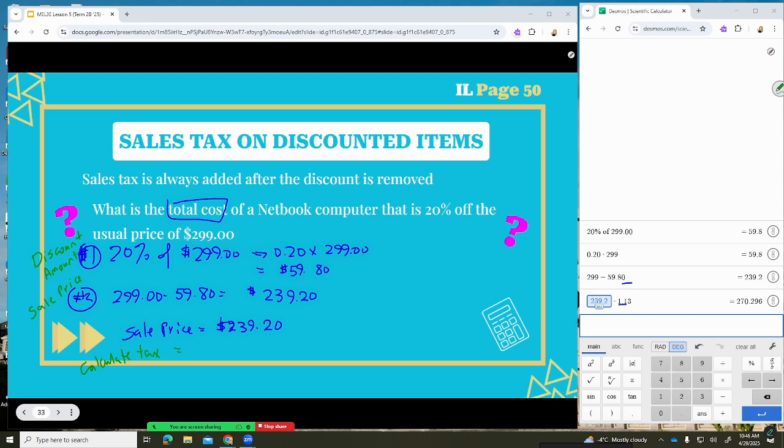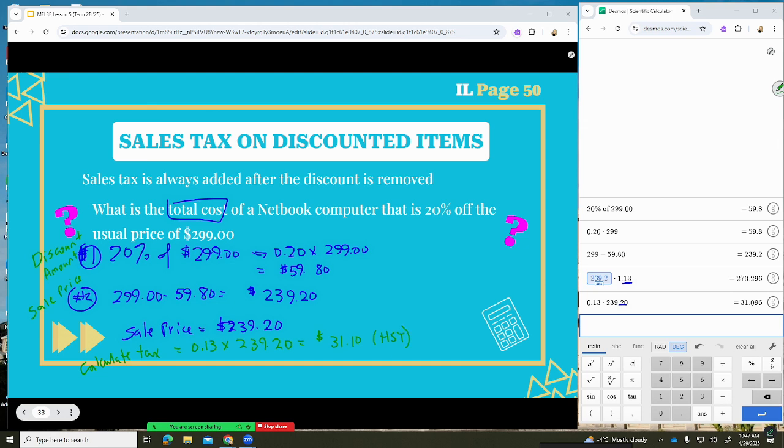So step 3 is to find 0.13, that is our HST, times $239.20. 0.13 times $239.20 tells me that we are paying $31.10 in taxes. That's HST.